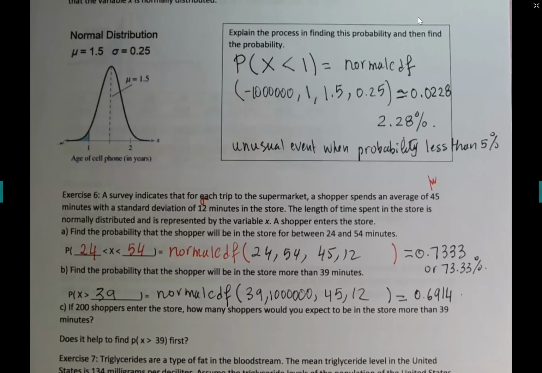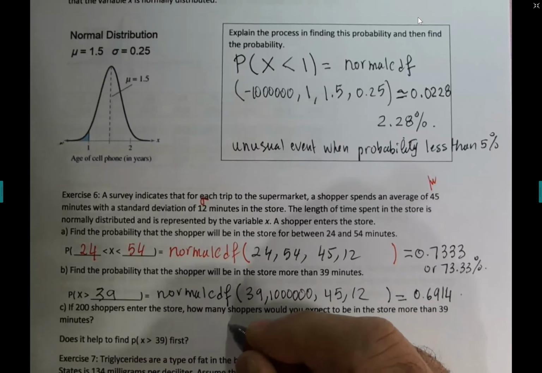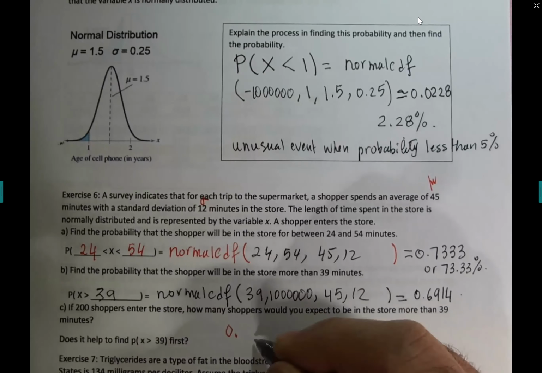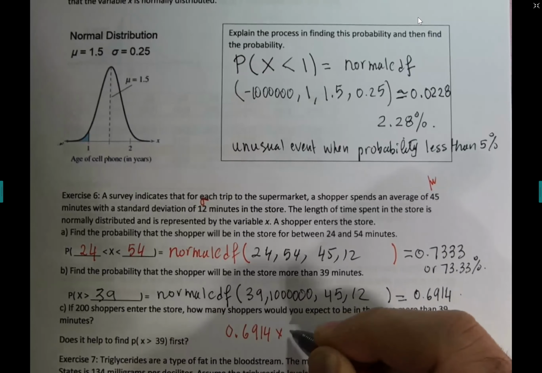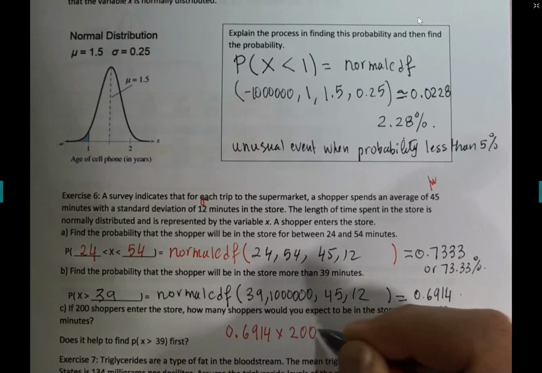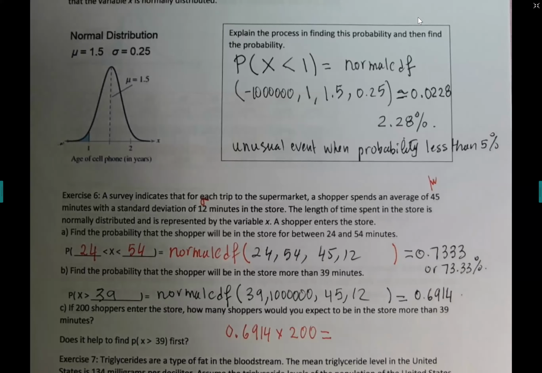It's a percent of the total. And you already have the percent, guys. So it's going to be 0.6914 times 200. And then let's see. Definitely for shoppers, guys, you have to enter a whole number because these are people. So I'll round it if I don't get the whole number.